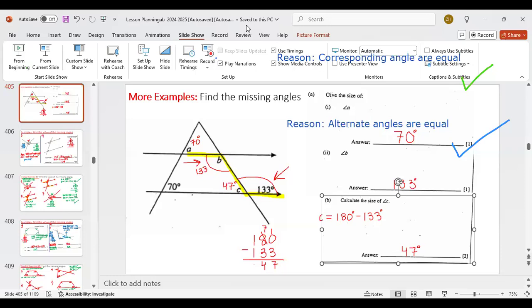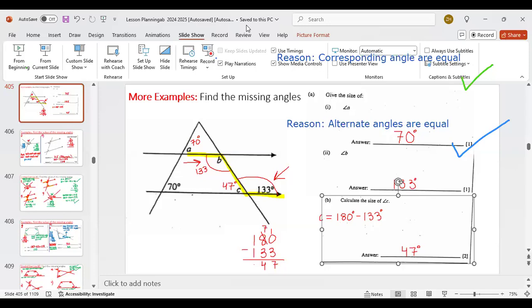So let me get the shape up. And again, the same question holds, right? What is angle A? What is angle B? What is angle C? That's what we're looking for. And let's say that this is 60 degrees.